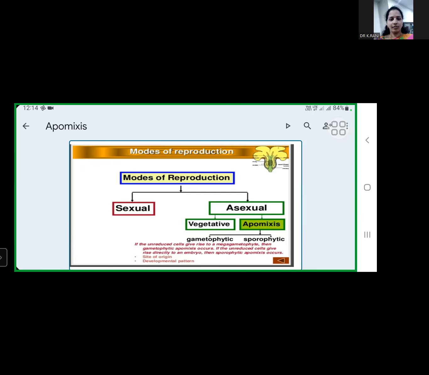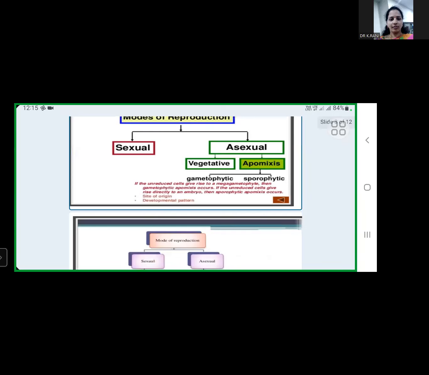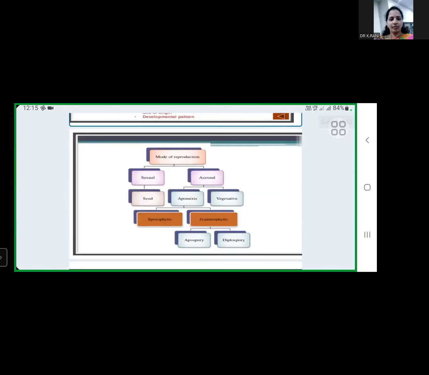They are not from sexual parts like the anther, style and stigma, only vegetative parts. Hence these are called propagules. Okay, and this is the mode of reproduction.